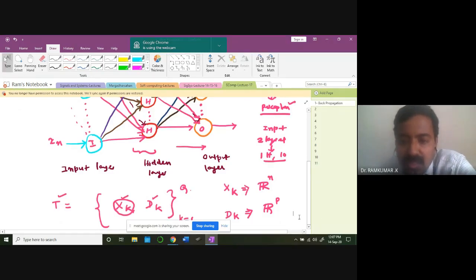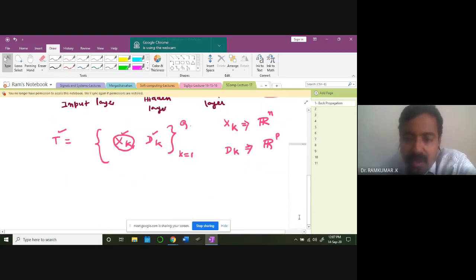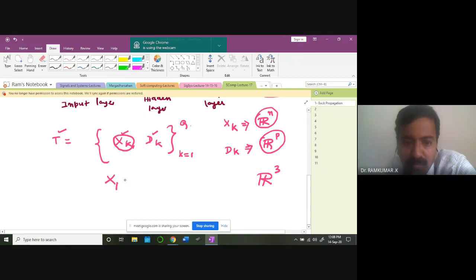If you look at this data clearly, XK belongs to an N-dimensional real space, and DK belongs to a lower-dimensional real space. For example, if it is R3, a 3-dimensional space, and you take X1, it will look like 1, 2, 3. It's a single column, 3-element vector. That's the first pattern.